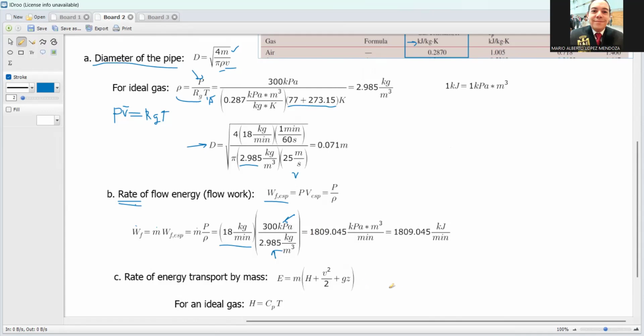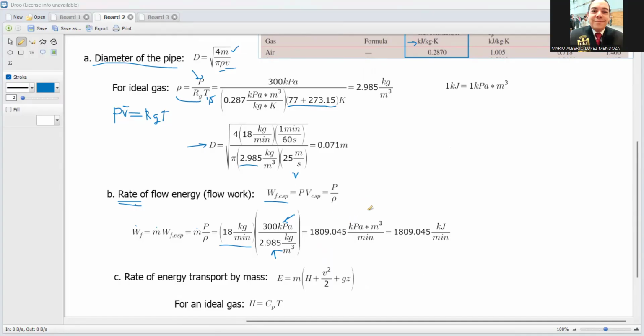We get that the result is 1,809 kilopascals times cubic meter per minute.